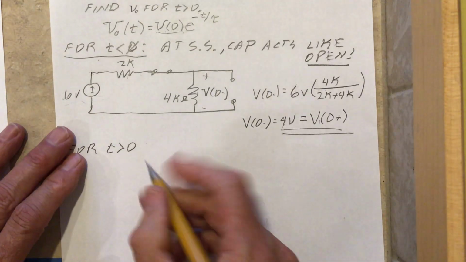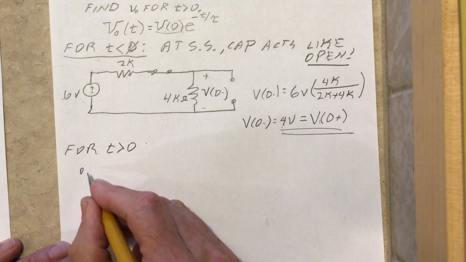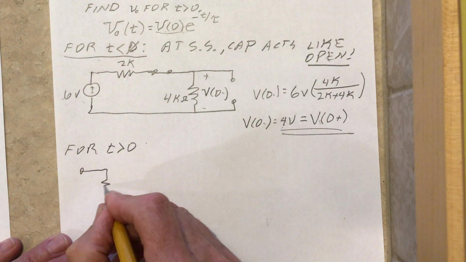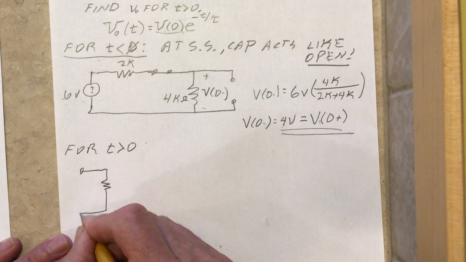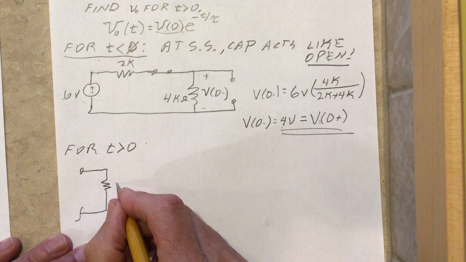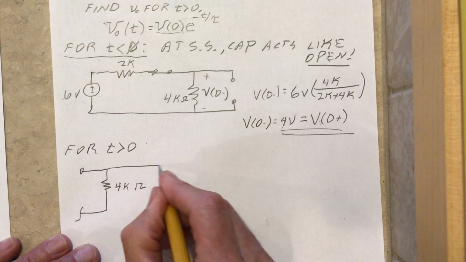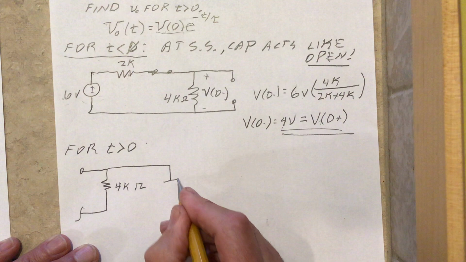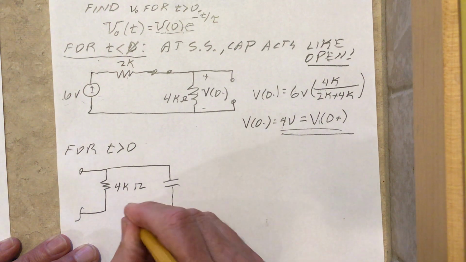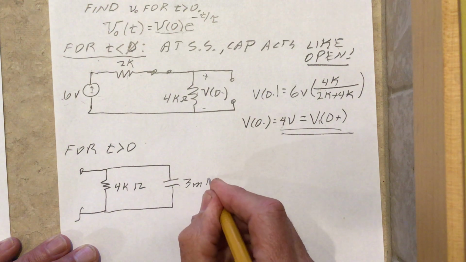For time greater than 0, what does our circuit look like? We have, well, there's our switch. There's a circuit which no current is going through. Here's our 4K ohms. And it's connected to my capacitor, which is 3 millifarads.